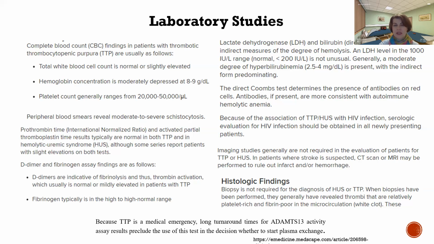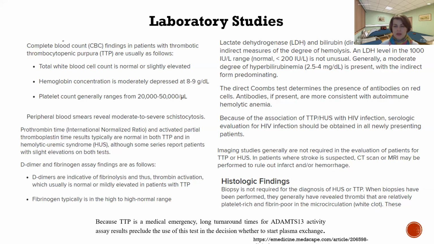LDH, called lactate dehydrogenase, and bilirubin levels are indirect measures of the degree of hemolysis. As you remember, LDH is the enzyme that represents the damage of multiple cells in our body. The higher the LDH is, the higher the level of blood destruction. Generally, a moderate degree of hyperbilirubinemia is present, with the indirect form predominating.